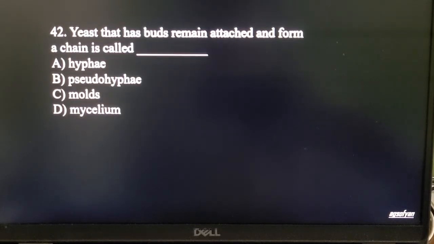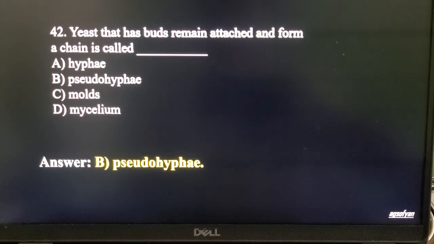Now, 42. Yeast that has buds remaining attached and forming a chain is called hyphae, pseudohyphae, molds, or mycelium. Choose your answer. The answer is pseudohyphae.